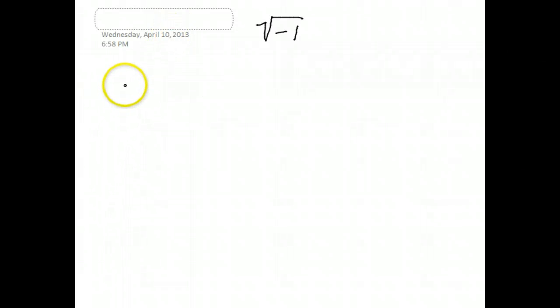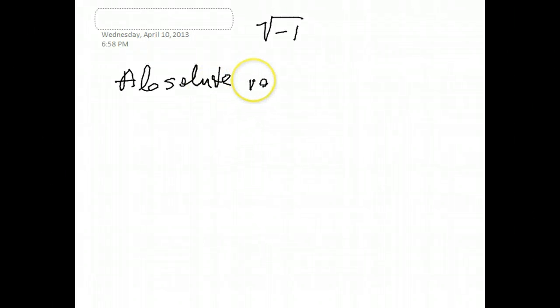So first of all, let's look at absolute value. What do we mean by absolute value? Well, absolute value is how far a number is away from 0. And the way we indicate absolute value is by using two lines like this.